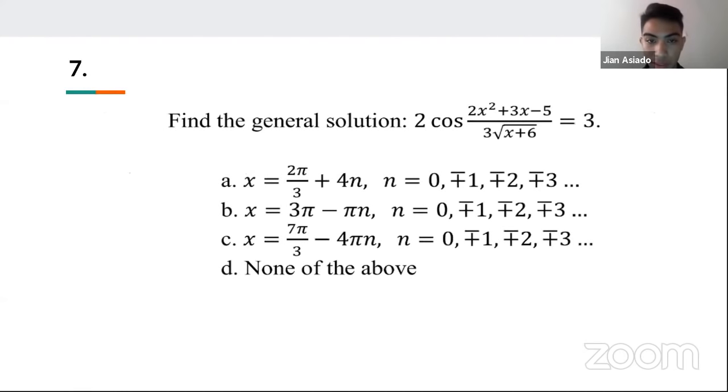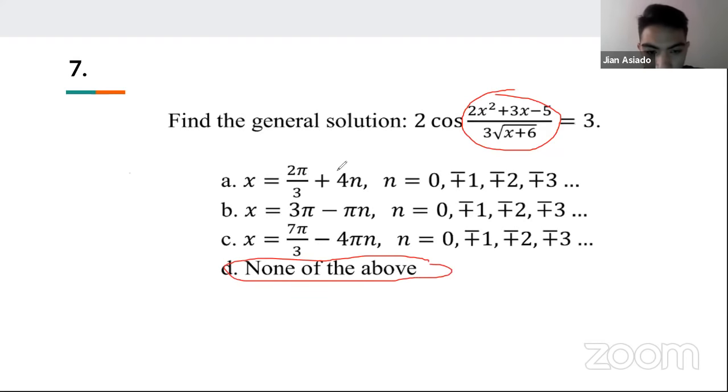So there is no x that will satisfy being less than or equal to negative 1 or greater than or equal to 1. So basically the answer here is none of the above, because nothing satisfies these three. Even if you plug it in using a computer.